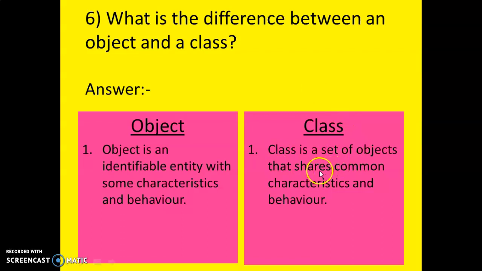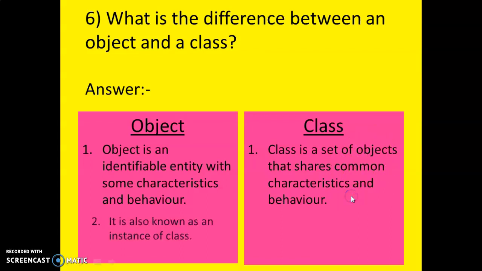And in your class all of you share some common characteristics and behavior. That means in your class you all have the same uniform, the same timetable, the same class teacher, subject teacher. So all rules and regulations are the same. So this is your class. So many objects form a class, and all objects share common characteristics.